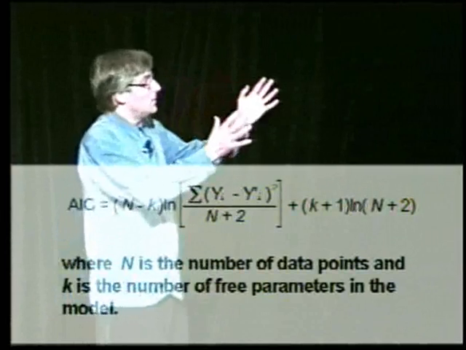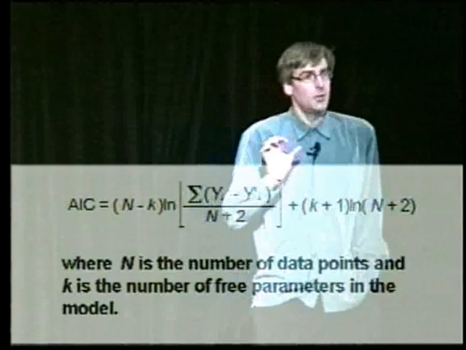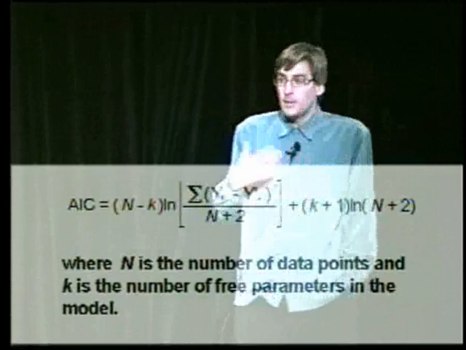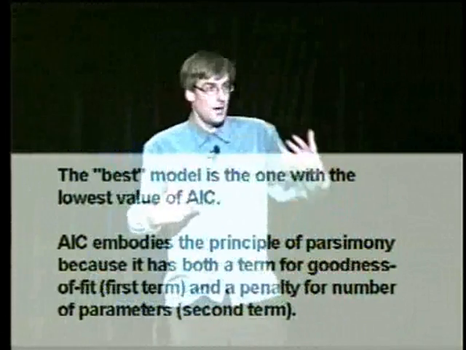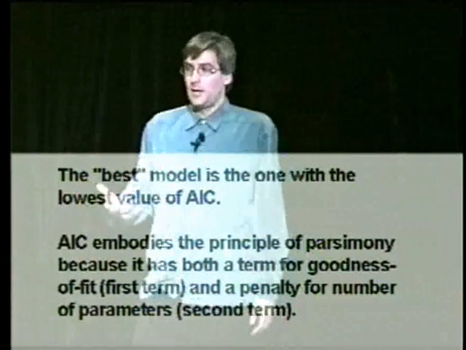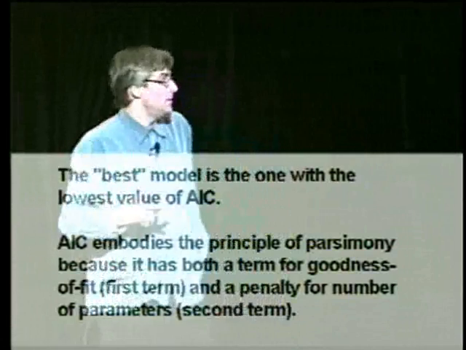On the right-hand side of the equation, there are 2 terms. The first term basically is a measure of goodness of fit, and the second term is a penalty term for the number of parameters. So AIC embodies the principle of parsimony because it rewards a model for how well it's fitting the sample data, but then at the same time it penalizes more complicated models by having a penalty term.